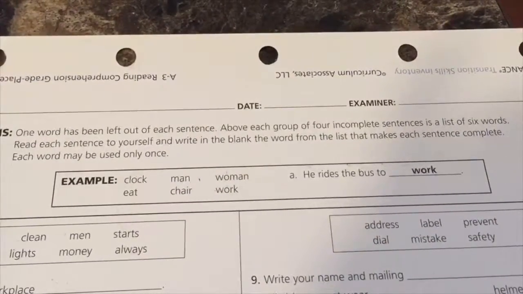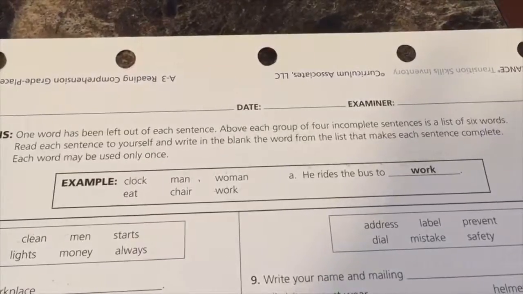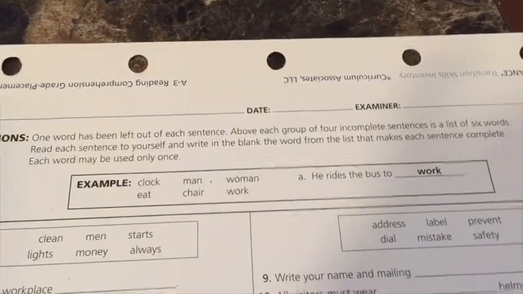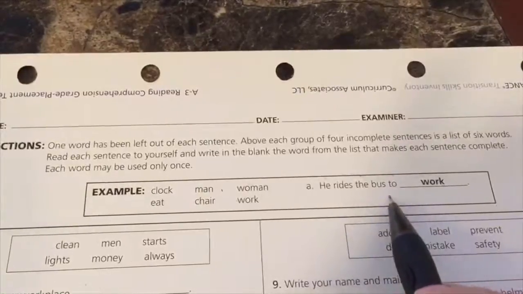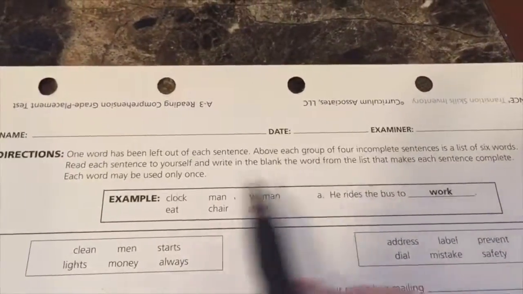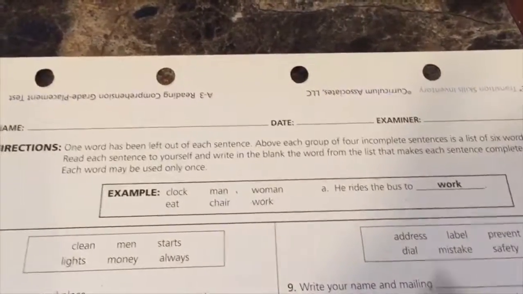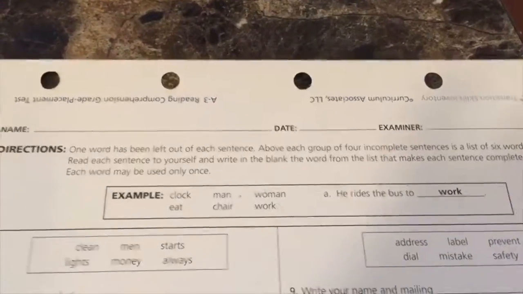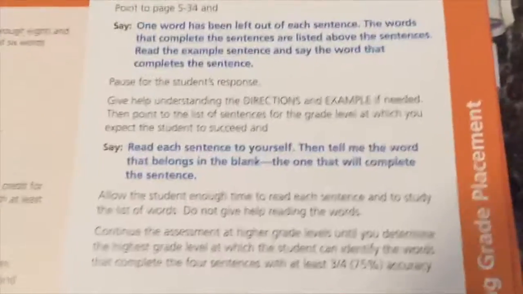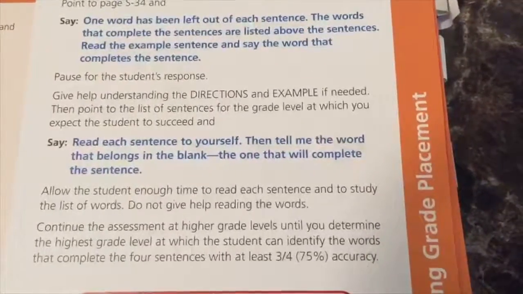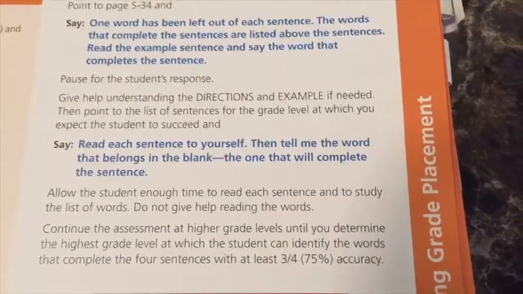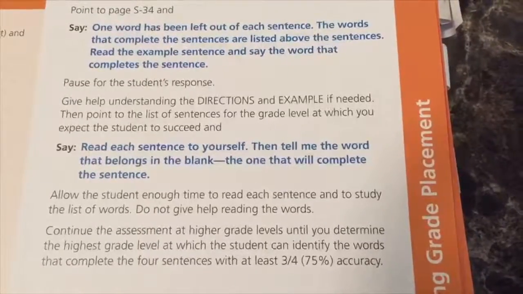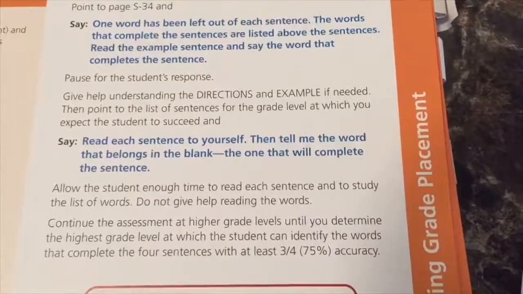He rides the bus to work. Good, so you read the sentence and you said the word out loud from the options in the box that would complete the sentence. So let's keep going. Read each sentence to yourself, then tell me the word that belongs in the blank, the one that will complete the sentence.